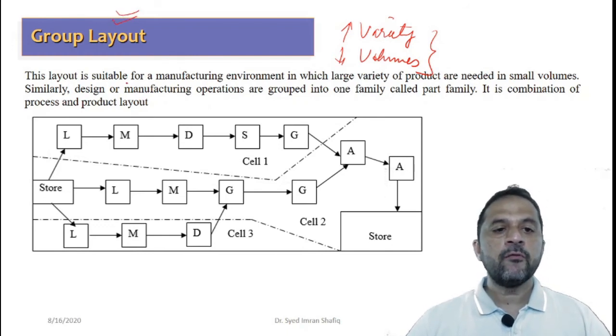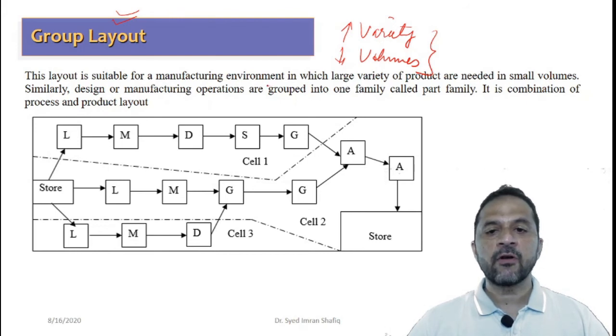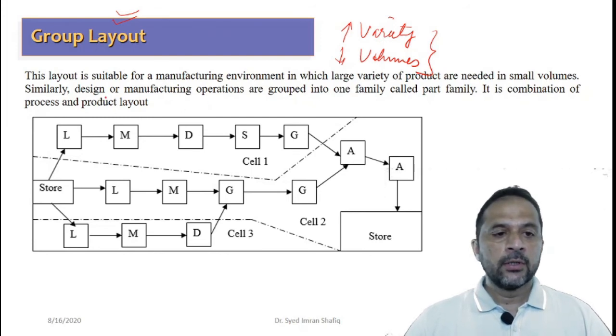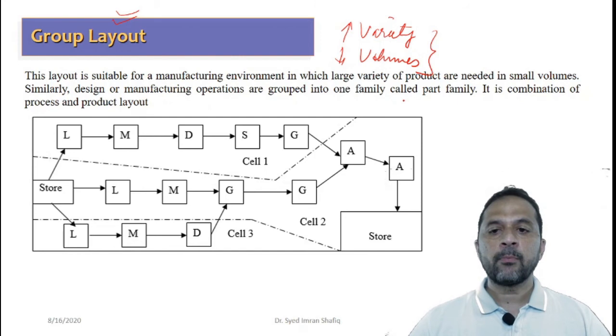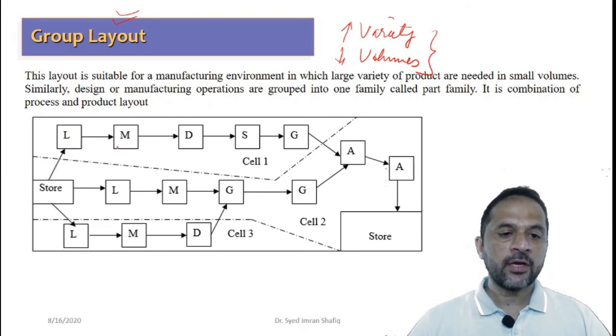This is a layout which is suitable for a manufacturing environment in which a large variety of products are needed in small volumes. Similarly, design or manufacturing operations are grouped into one family called part family, and it is a combination of product and process. So as we can see in this figure, we have cells.